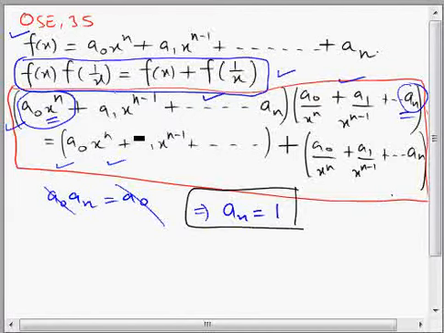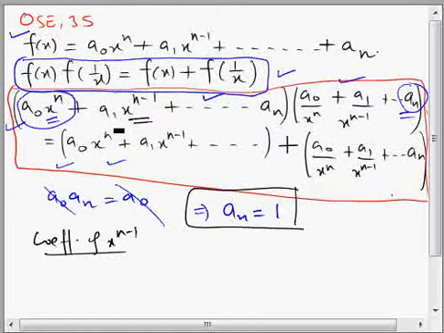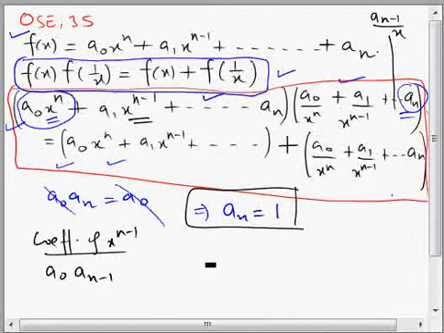Now we compare coefficients of x to the power n minus 1 on the two sides. On the left hand side, we get it when we multiply the x to the power n term with the 1 by x term from this side. The 1 by x term from this side is an minus 1 by x. So it is a0 into an minus 1.